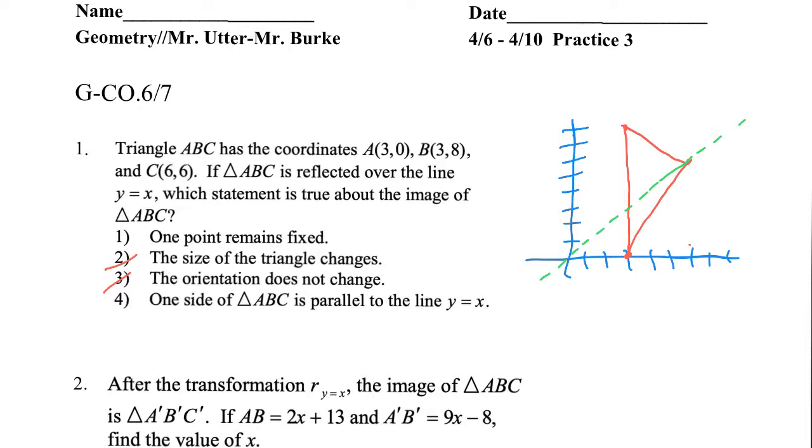This line right here is the closest to being parallel, but as you can see, it goes from not being on the line to being on the line. If it was parallel, this line and y equals x would never touch each other. So therefore choice 4 is out, and we are correct. It is choice 1.